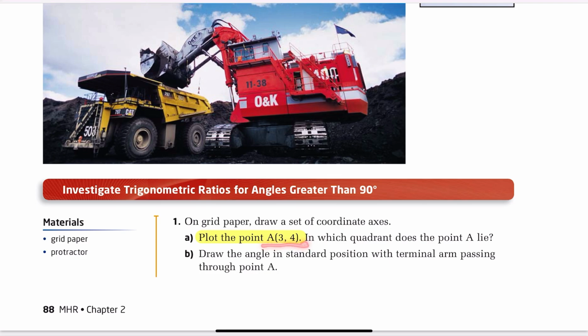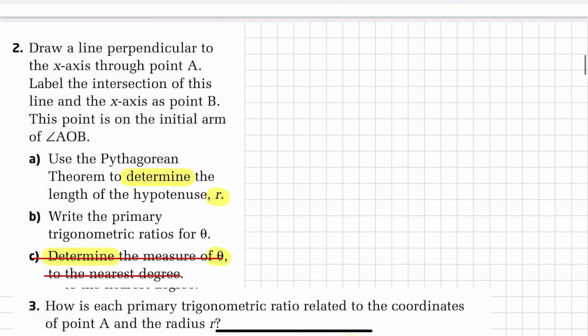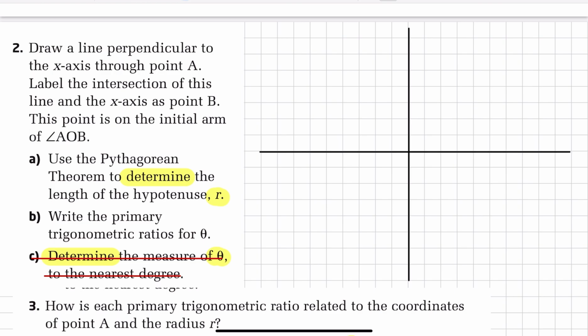So let's do that. First of all, we will just draw our x and y axis like this. Okay. Now let's take some points from there. So this is 1, 2, 3, 4. This is 3. 1, 2, 3, 4. So this is 4.